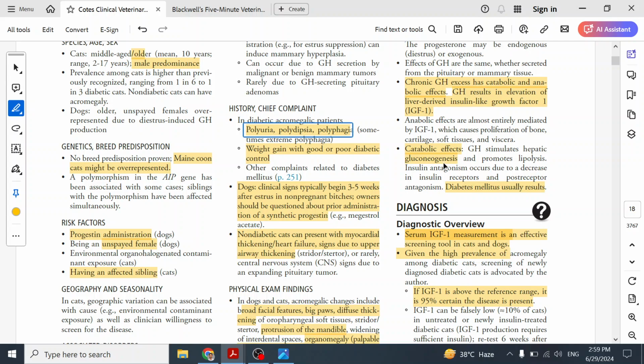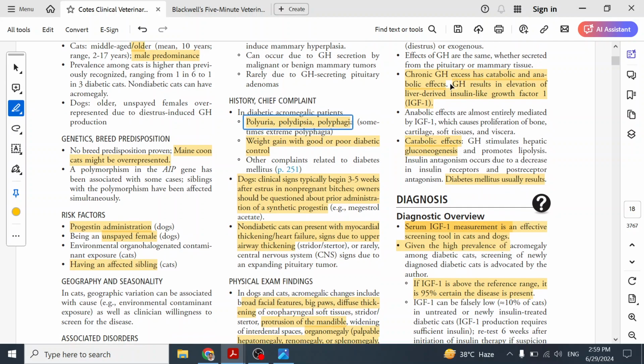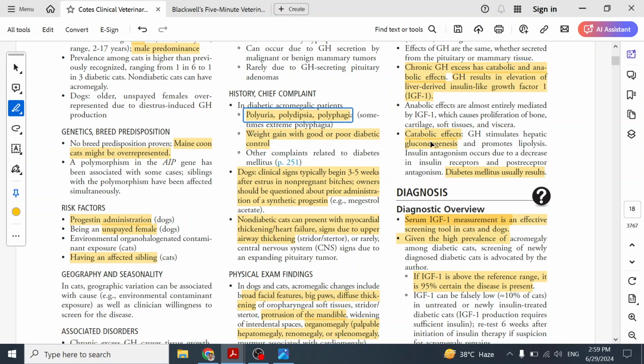And then the catabolic part, because chronic growth hormone shows both catabolic and anabolic effects. In the catabolic effect you find catabolism, in which major compounds break down into minor compounds so that they are used by the muscles or organs.